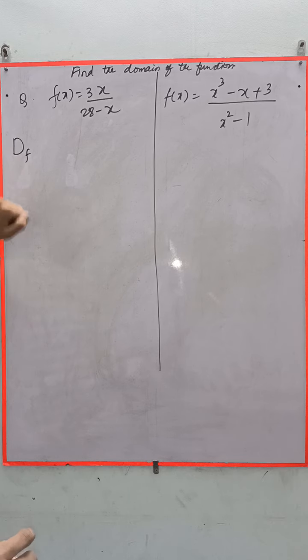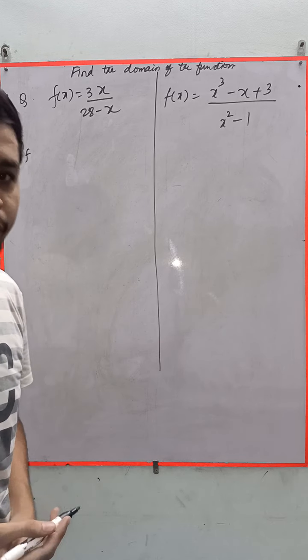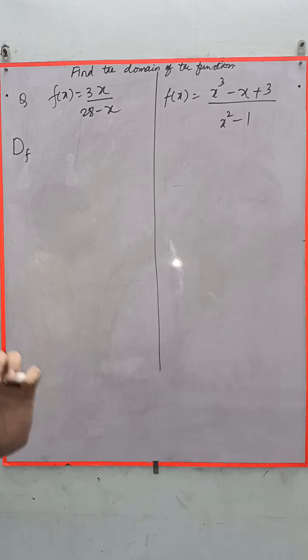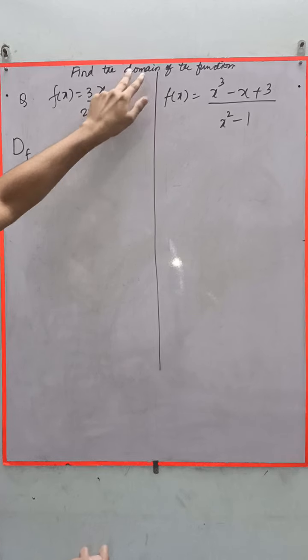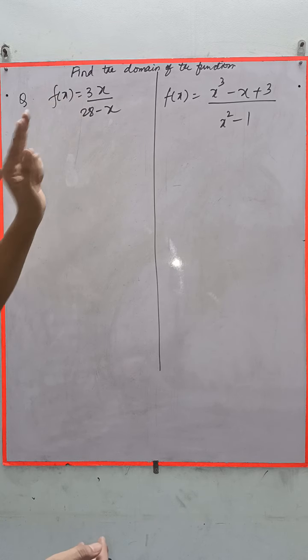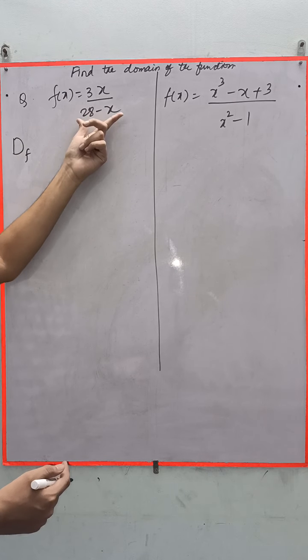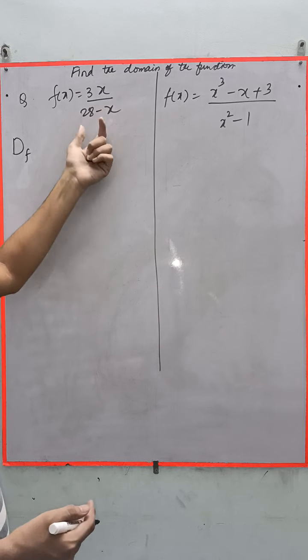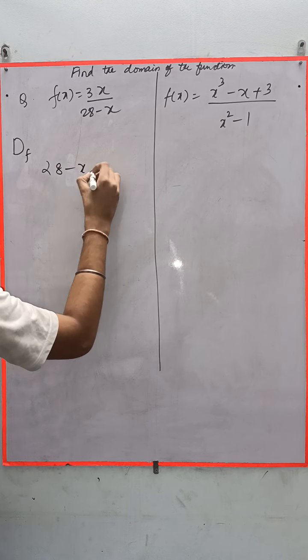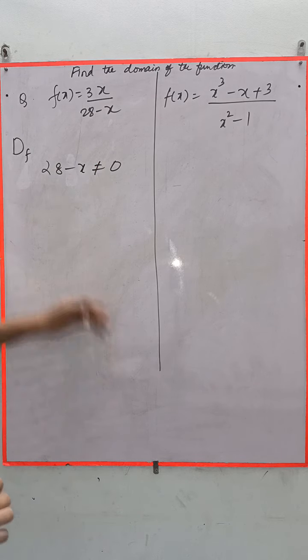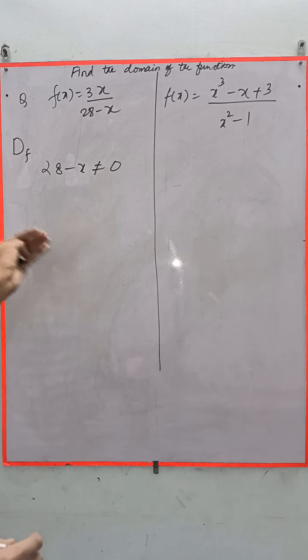I told you we are dealing with real valued functions, so nothing should be unreal or infinite. So while calculating the domain, we need to take this denominator, put it not equal to 0, and find the value of x.